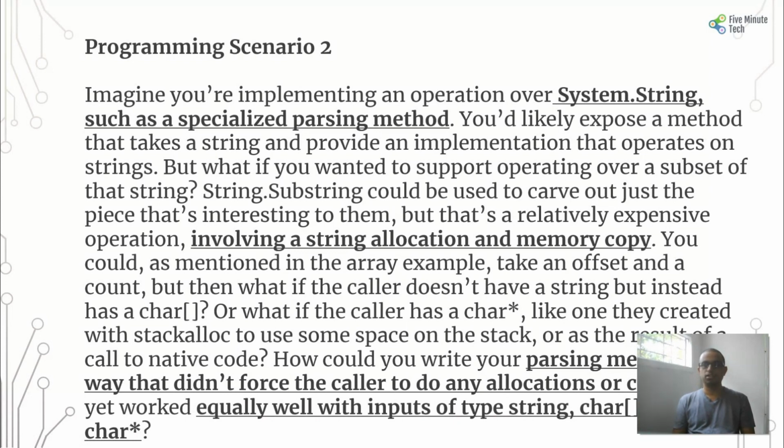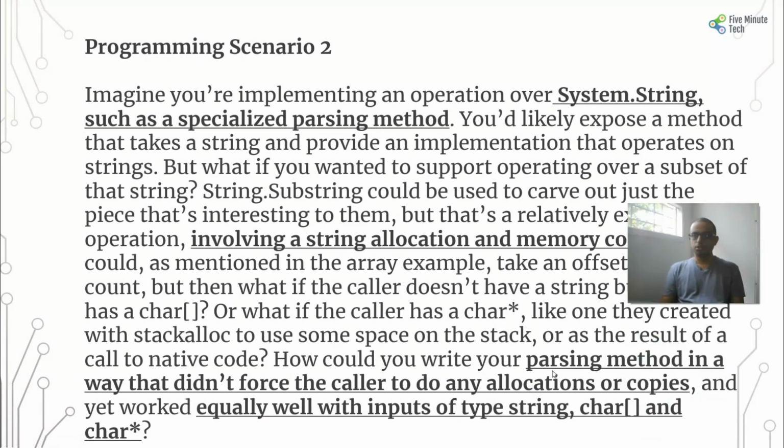But what's the relatively expensive operation, as I mentioned, involving your string allocation and memory copy? You could, as mentioned in the array example, take an offset and count, but again, what if the caller doesn't want the string but instead a character array? How would you write your parsing method in a way that didn't force the caller to do any allocation or copies?